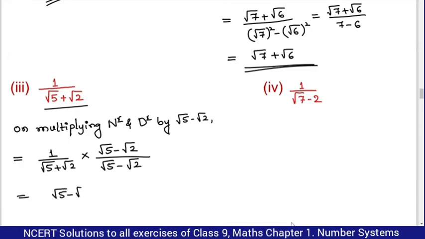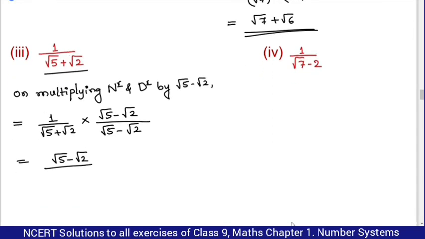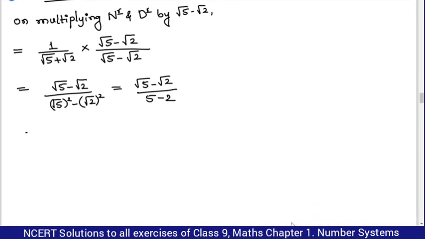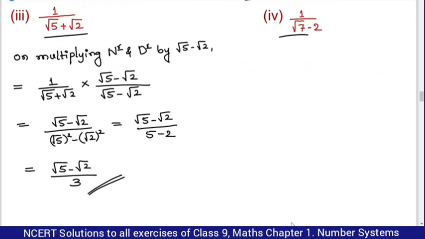Now multiply it, we will be getting (√5 − √2) divided by (√5)² − (√2)². Now this will be (√5 − √2) divided by 5 − 2, or it can be written as (√5 − √2) divided by 3, which is the required answer.